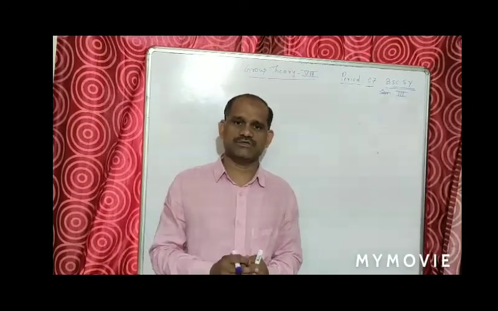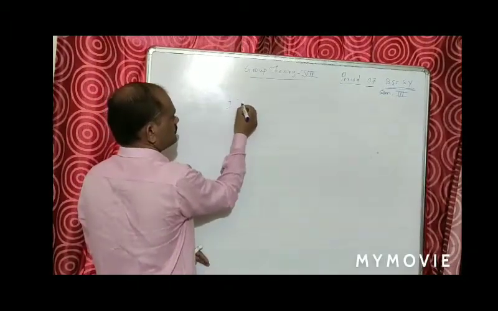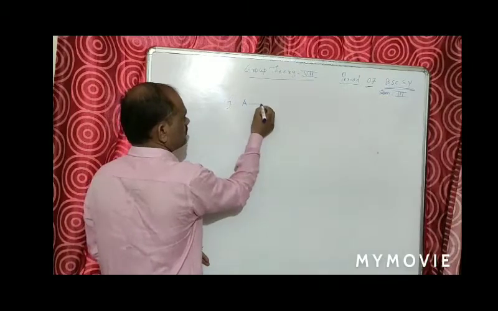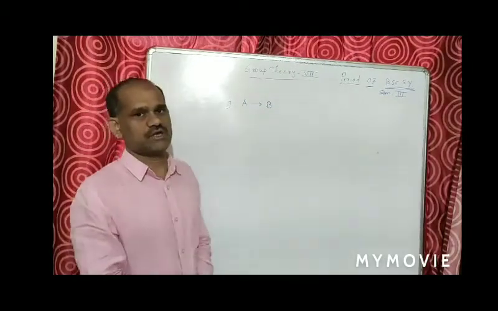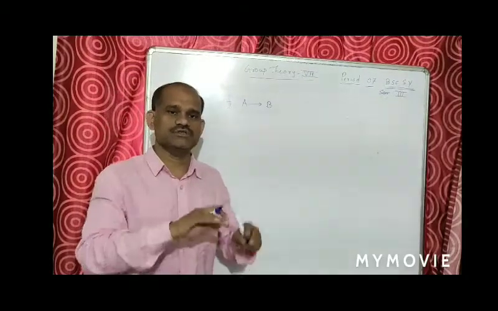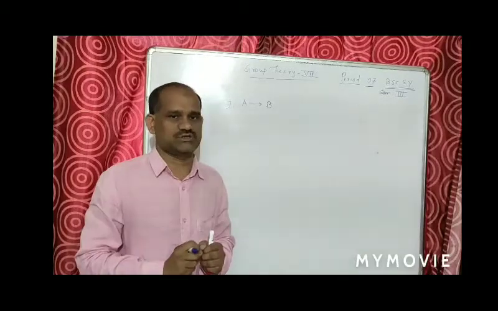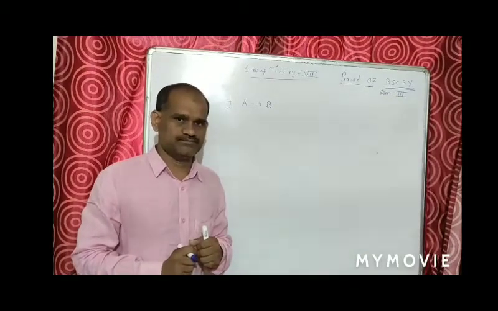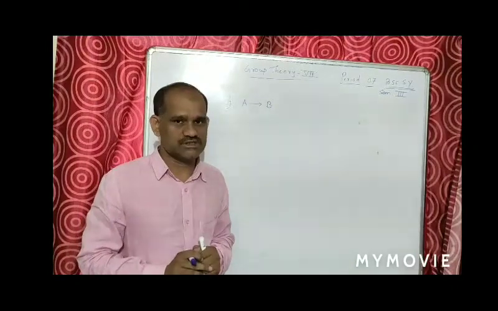In the previous lecture we discussed that f is a function from set A to B. What is the function? Function is a correspondence, a mapping, between two sets A to B. A and B both are non-empty sets.